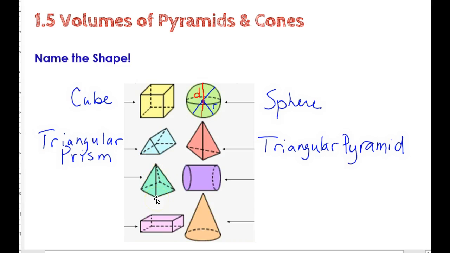So yeah, definitely I know that. Now I need to look at the base of each of them to decide what kind of pyramid or prism it is. And since this pyramid has a rectangular base, I don't know if it's a square base, but I'm going to assume it's definitely rectangular. I'm going to call it a rectangular pyramid. And this one on the bottom, rectangular prism.